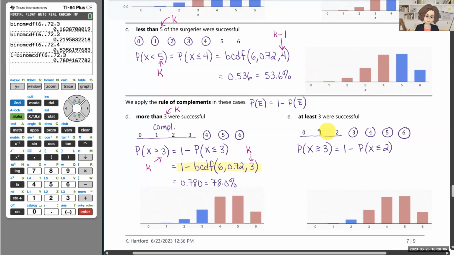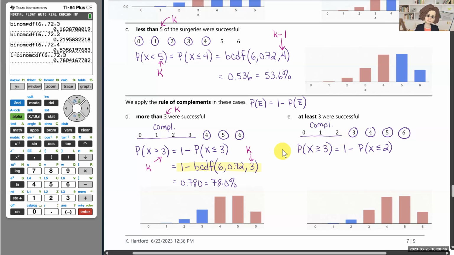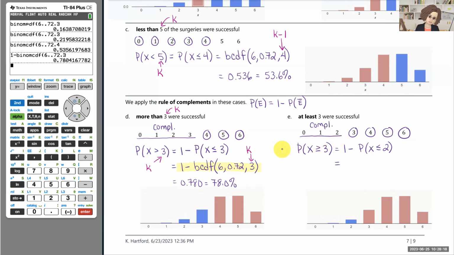Okay, so hopefully by circling the event, it's easy to see where the complement ends. So in this case, it's 1 minus binomial CDF. So the N, the P, and now we're putting in 2 where the complement ends.